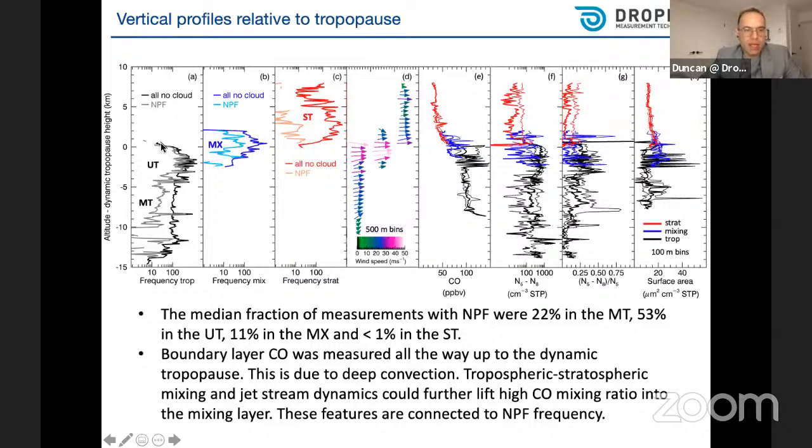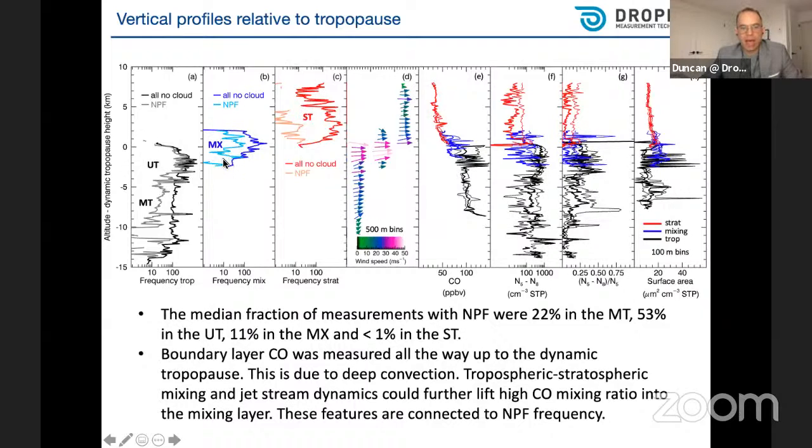So we see that in the upper troposphere, the frequency of data points with particle formation is quite high. Let's say at -4, the dynamic tropopause. So down to -4 kilometers from the dynamic tropopause. So 4 kilometers below the dynamic tropopause, we have a high frequency of upper tropospheric nucleation.